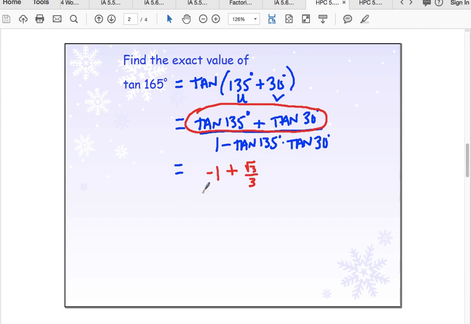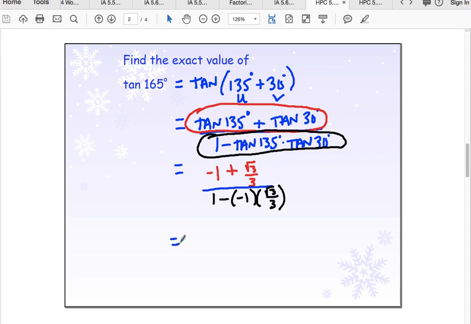Okay, on the bottom of the fraction, 1 minus tangent of 135, which is -1, times tangent of 30, which is square root of 3/3. So all of this stuff right here is in black.